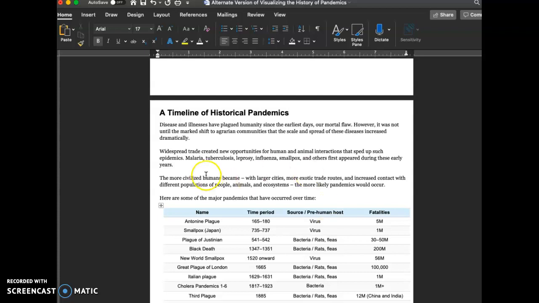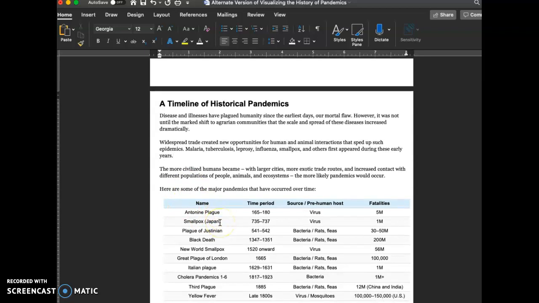So when they're talking about trade right here, they're talking about how as countries and continents began to industrialize, they began sharing their resources and trading them across oceans. And so when countries started sharing their resources and traveling across the globe, they were carrying these diseases from their various pockets and spreading them to other places where they were not already there.